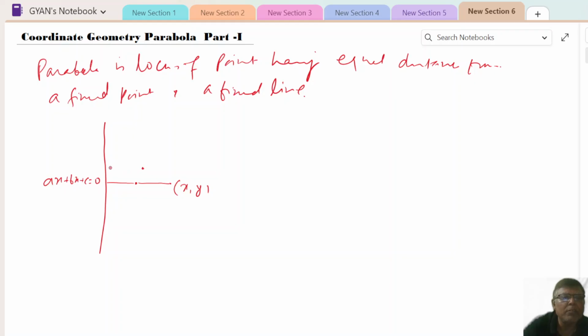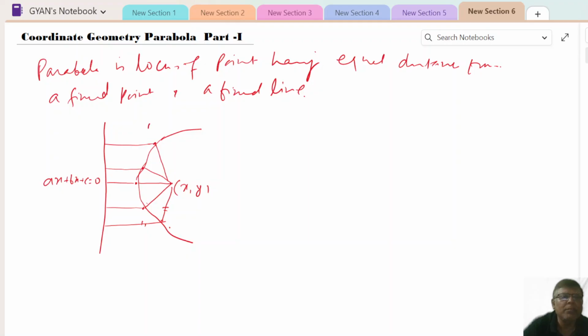The point will be here, so this distance and this distance will be equal. Similarly, all of these are equal. Draw a curve through all the points and you will get the parabola.